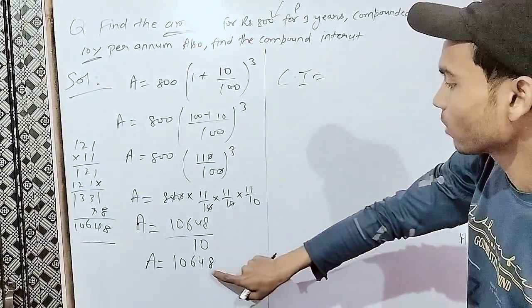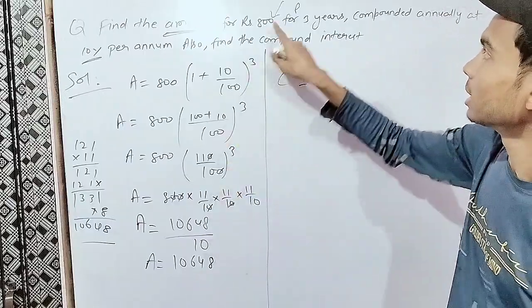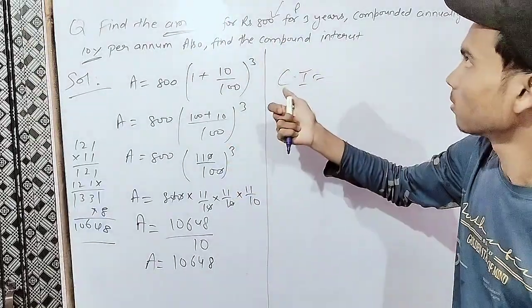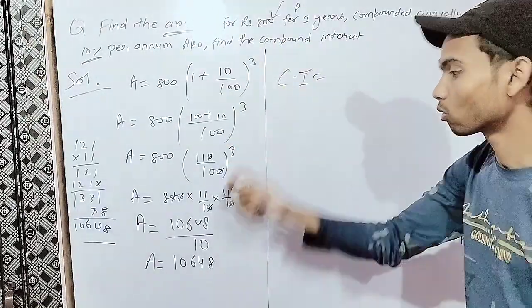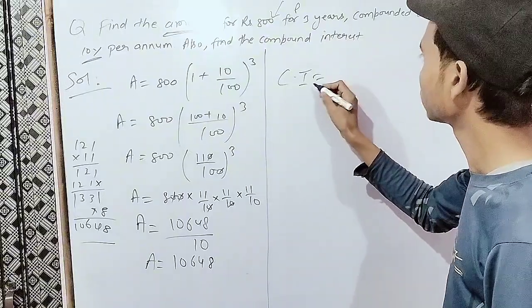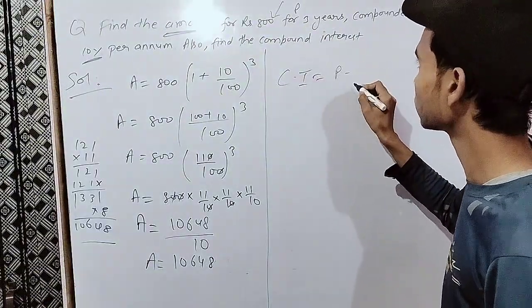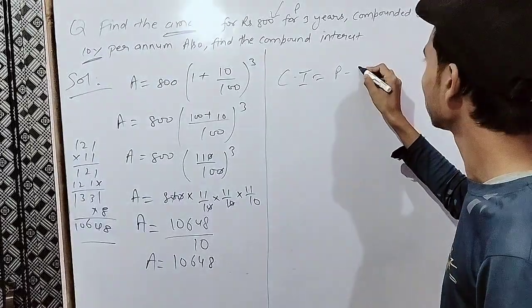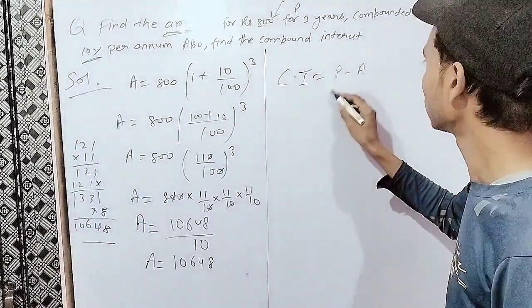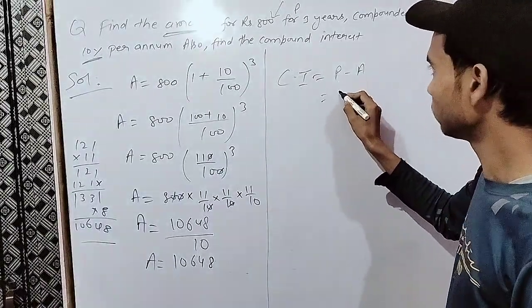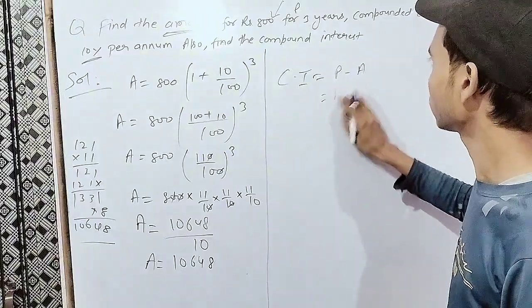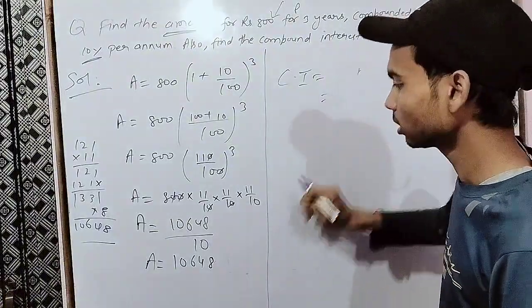Now, when we subtract the first rupees from the last rupees, this is first the principal and next the amount, the bill amount. Who will be bigger?